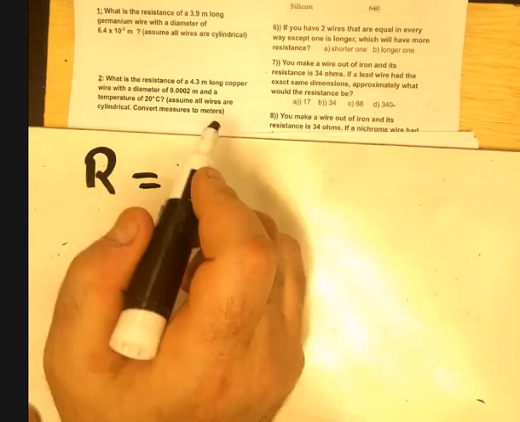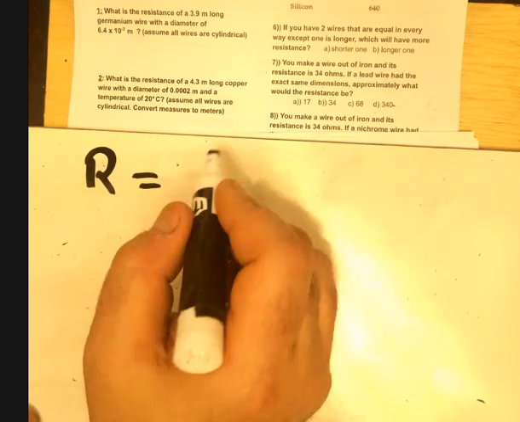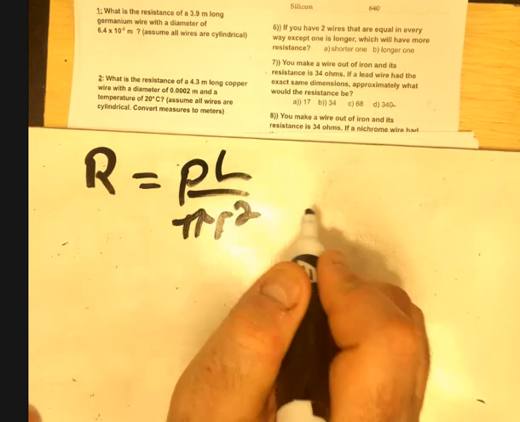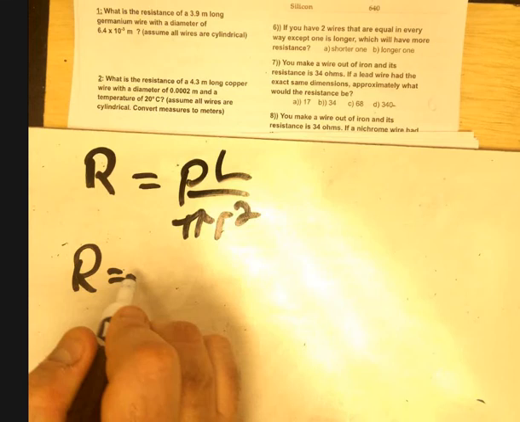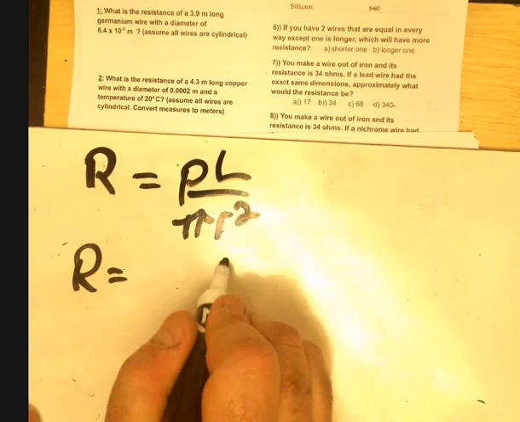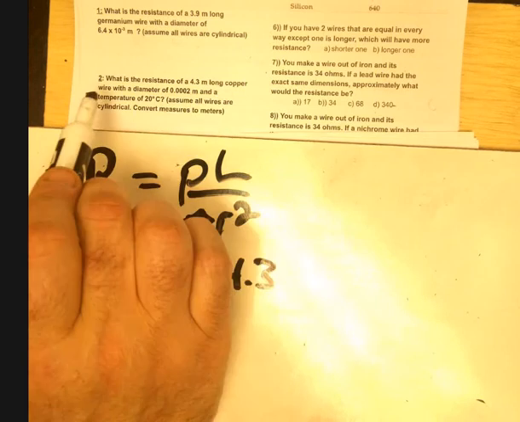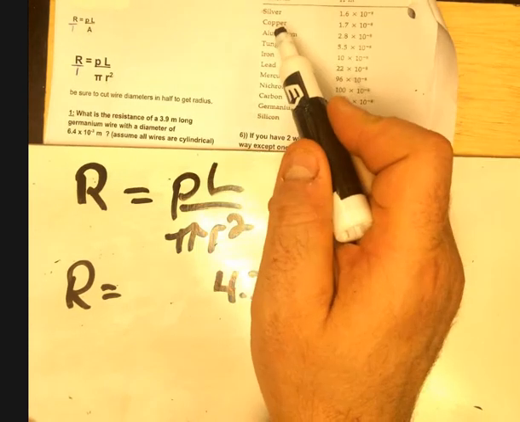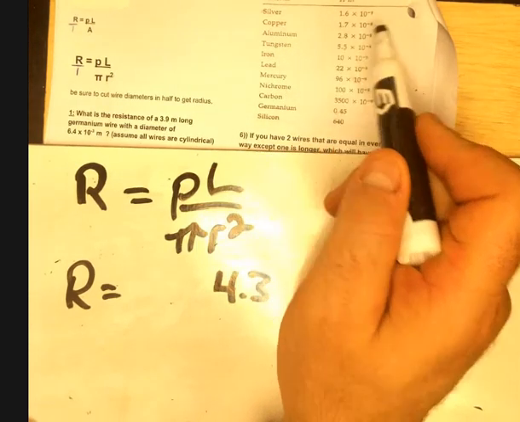We're looking for the R of a 4.3 meter long copper. So that 4.3 is going to be for the L. Let's write down R equals, the L changes to 4.3 meters. Copper wire, so I look up here for copper, and copper is the second line, 1.7 times 10 to the negative 8th.